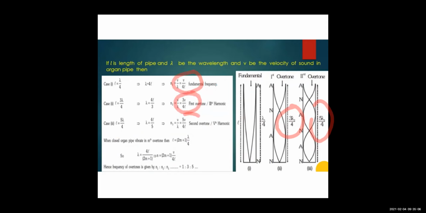So it is V upon 4L upon (2m plus 1), and the (2m plus 1) goes in the numerator, so we have (2m plus 1) into V upon 4L. If you take the ratio of the frequencies of the overtones, V upon 4L, 3V upon 4L, 5V upon 4L, the ratio is 1:3:5, and so on.